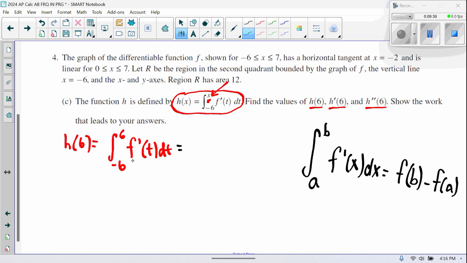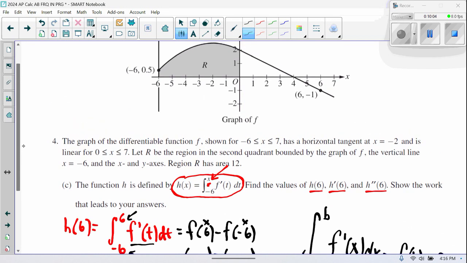If I integrate f prime, that gives me f from the upper bound, 6, minus the lower bound, -6. All I'm going to have to do is figure out the y values when x is 6 and x is negative 6 and subtract them, literally. So let's go back up to our graph and see where f of 6 is. They give us that.